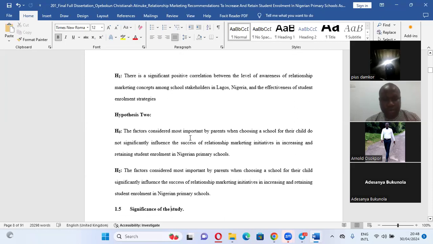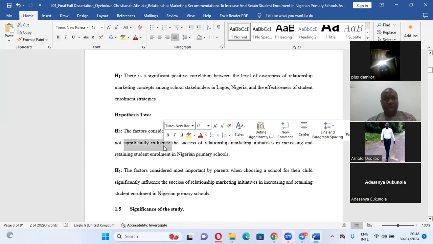The factors considered most important by parents when choosing a school for their child do not significantly influence. So when you say do not significantly influence, the best you can use here is correlation. When you have anything that looks like effect of relationships, you can use correlation or regression for that. But I will explain that to us in detail.